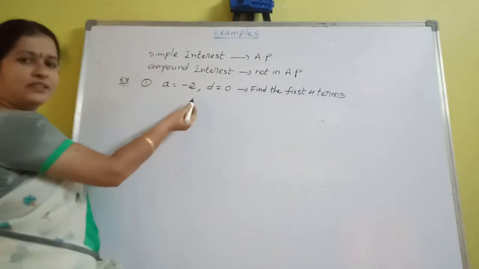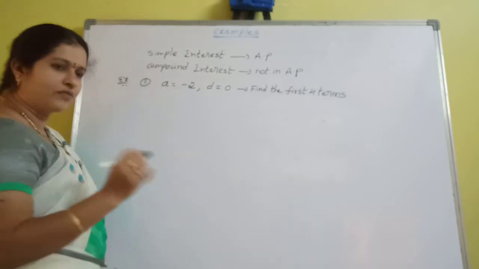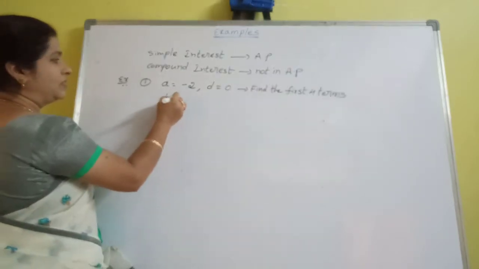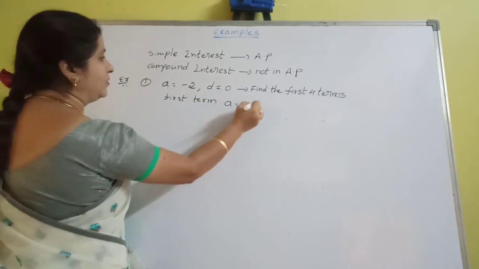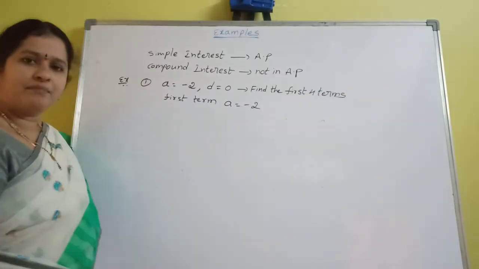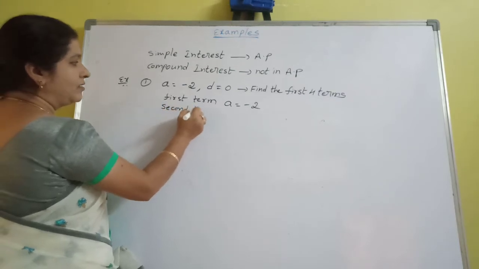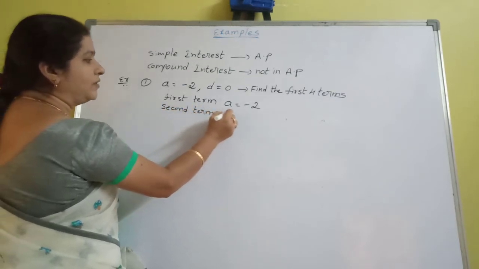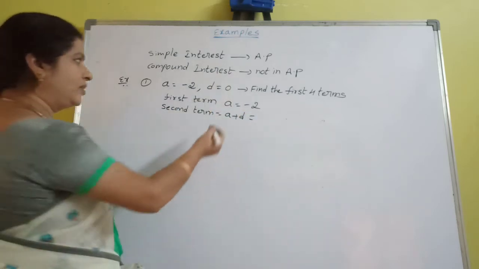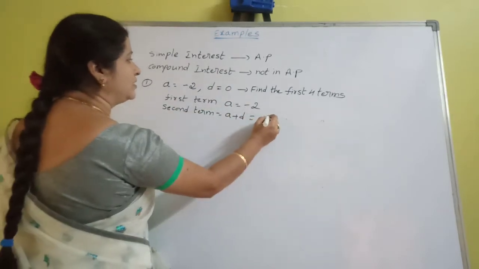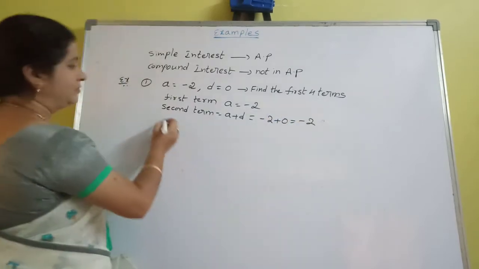The first term is A equal to -2. A is always the first term. So first term A equals -2, which is already given. So what is the second term formula? Second term equals A plus D. The A value and D value are given. So A plus D means A value -2, D value 0. So it is also -2.